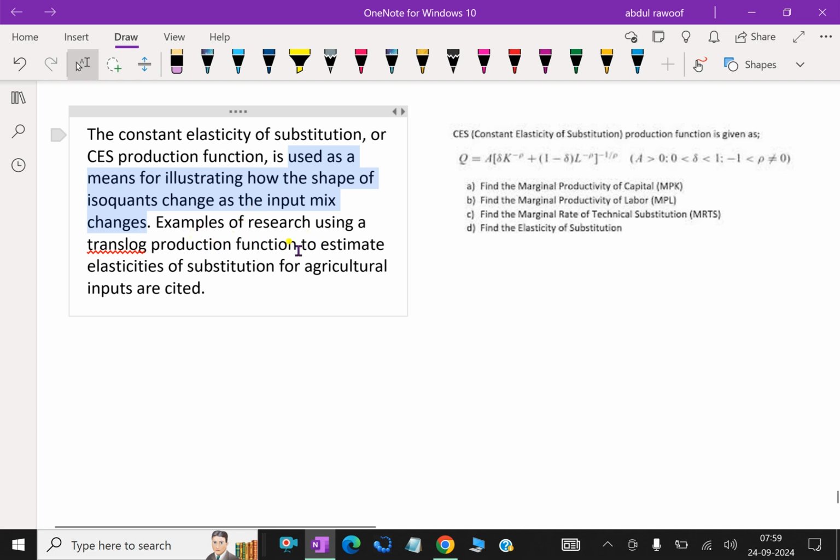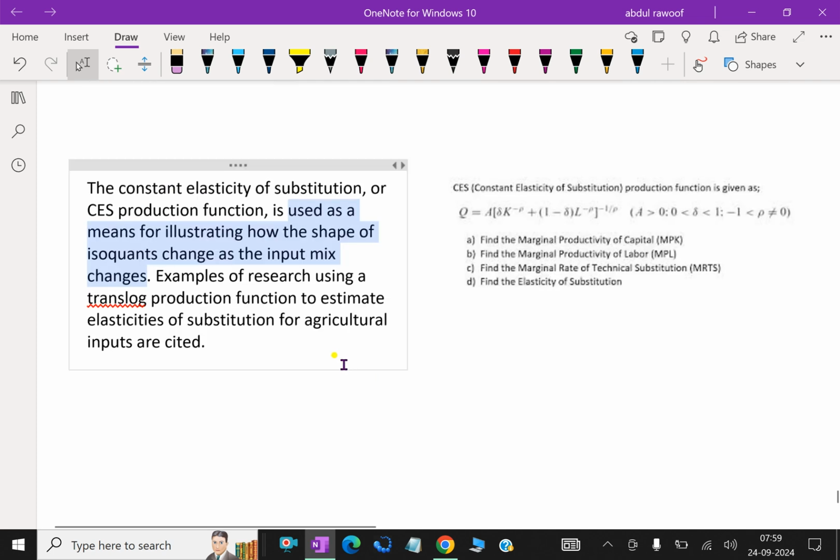Examples of research using a CES production function to estimate elasticities of substitution for agricultural inputs are cited. Optimization of Cobb-Douglas production functions. Economic analysis frequently employs the Cobb-Douglas production function.